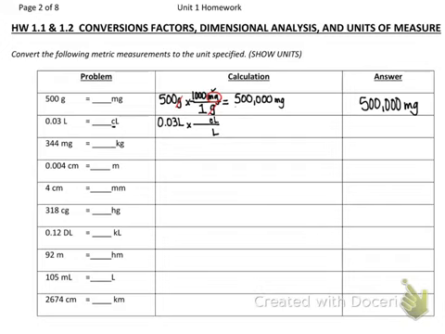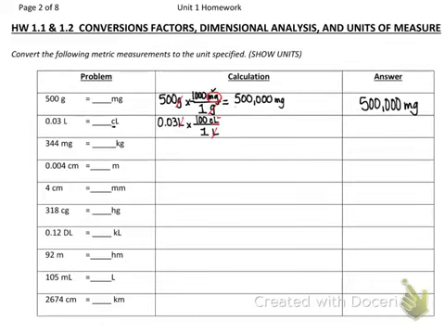Remember, liters is your basic unit. It can be centimeters, centiliters, centigrams, and that's going to be the same. So that means that we have 100 centiliters are equal to 1 liter. I can now cancel out my liters. Am I happy with centiliters? Yes, I am.